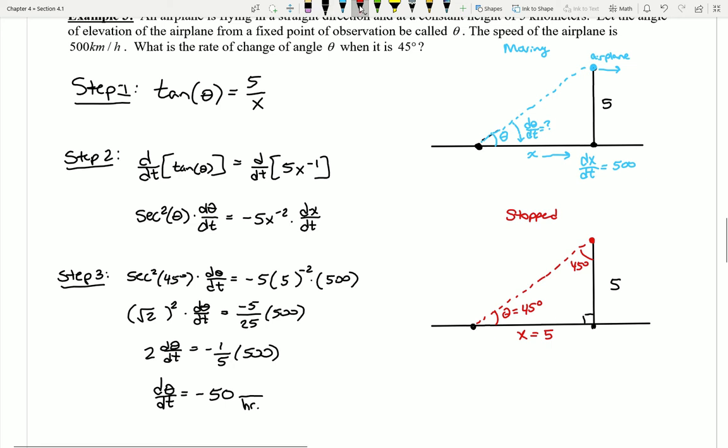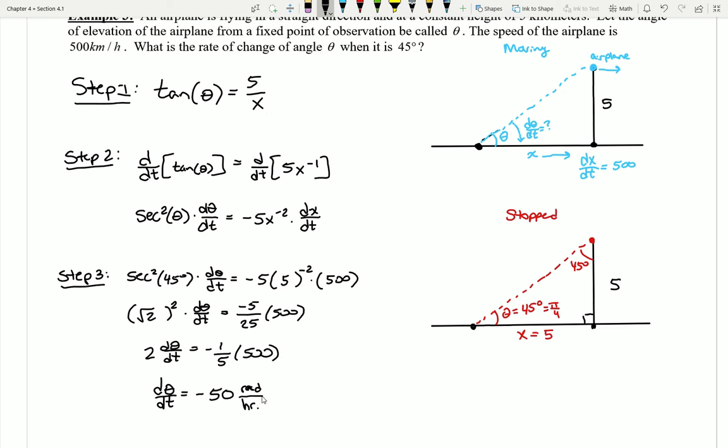Now, that's actually not a problem, because I could have rewritten 45 degrees as pi over 4. But what it means is that my value of theta must be thought of in radians. And so what I'm actually going to have here is negative 50 radians per hour.